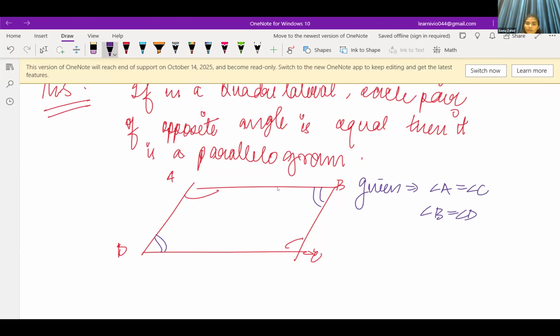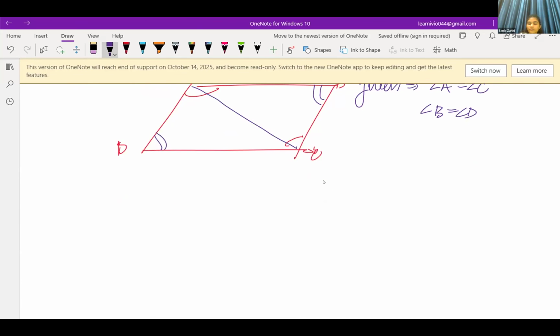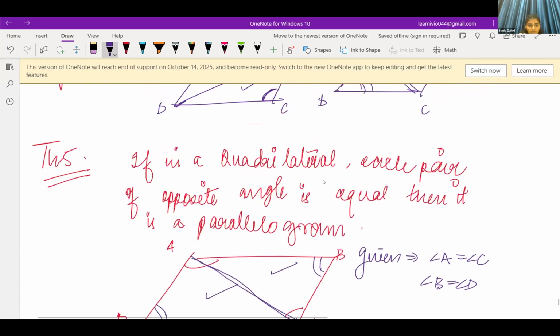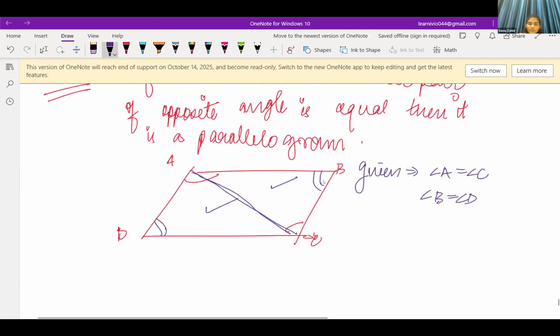Okay. Now what you can do is, see, first of all, I will first draw this diagonal, and then I will prove this triangle is congruent to this triangle by which congruency? Please just write down the theorem by the time.